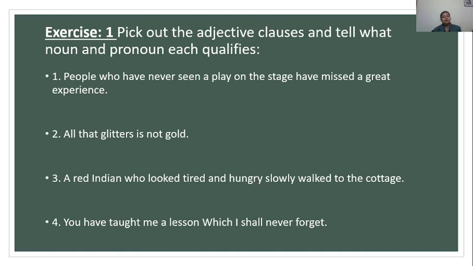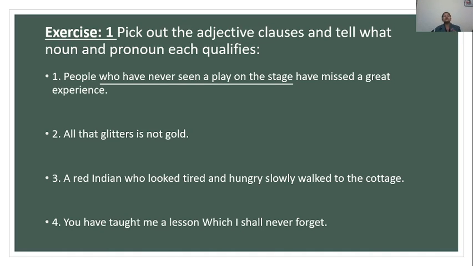Okay, my first sentence is: people who have never seen a play on the stage have missed a great experience. Here, my subject is people and the relative pronoun is who. So, can you guess what the adjective clause in this sentence is? It begins with the relative pronoun who: who have never seen a play on the stage.